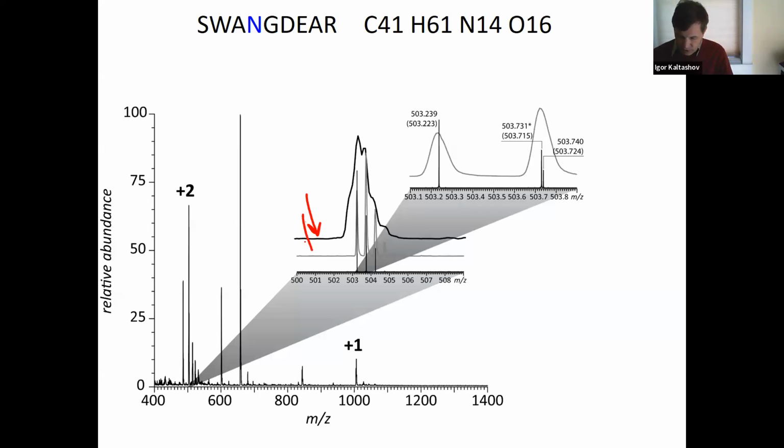The next trace shown in gray here, this is the mass spectrum acquired with a mid-range instrument. And by mid-range, I understand both the cost category, the expense, as well as the analytical capabilities. And so now you can see that we can clearly determine that this is +2 charge state.